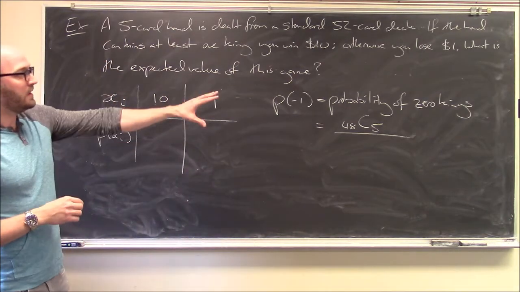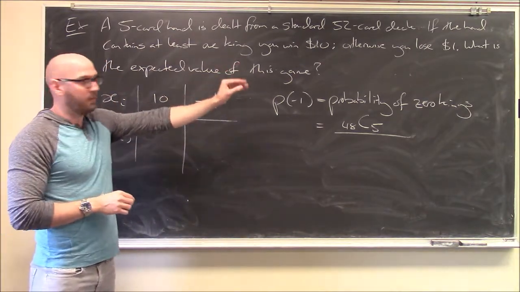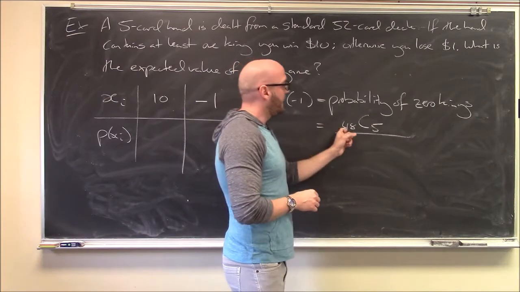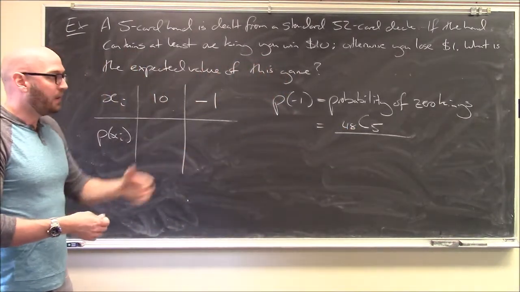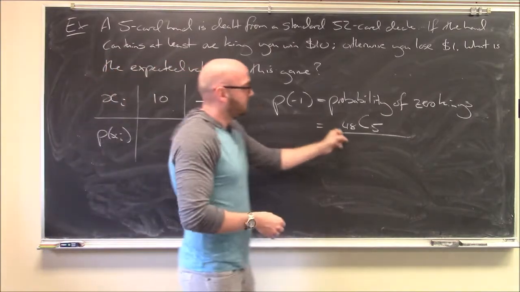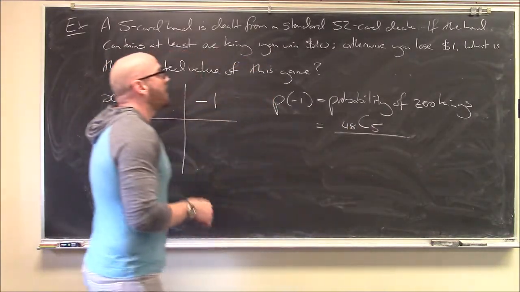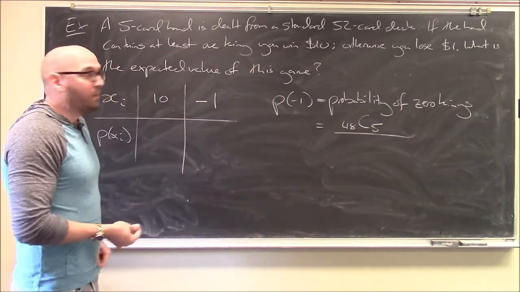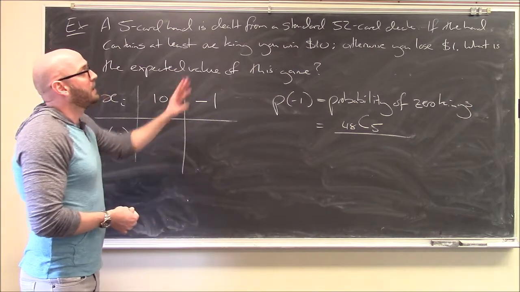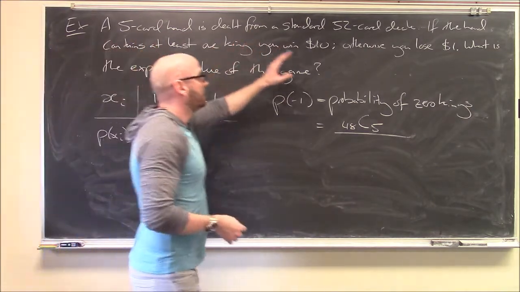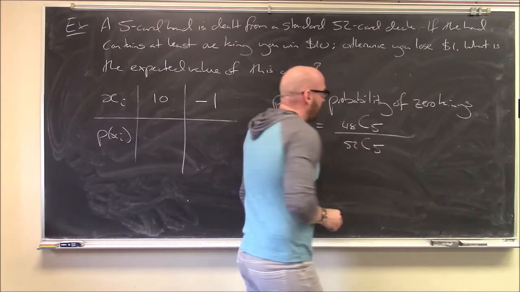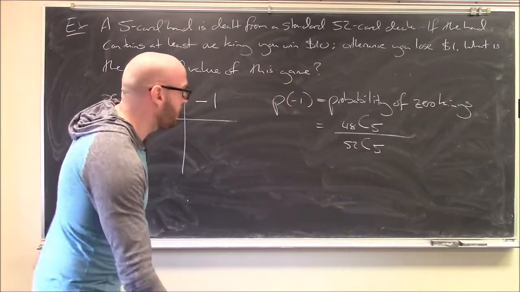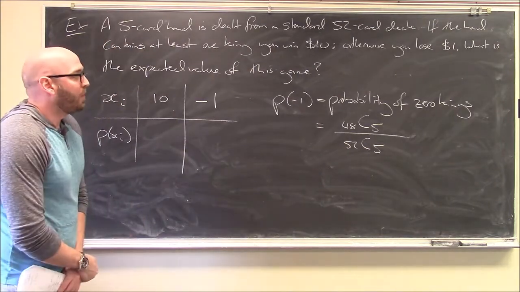Remember, if I take away the 4 kings from a 52-card deck, I have 48 cards. How many combinations of 5 cards can I form from 48 cards? It's 48 choose 5, over the number of elements in the sample space, which is all possible 5-card hands, so that's 52 choose 5.